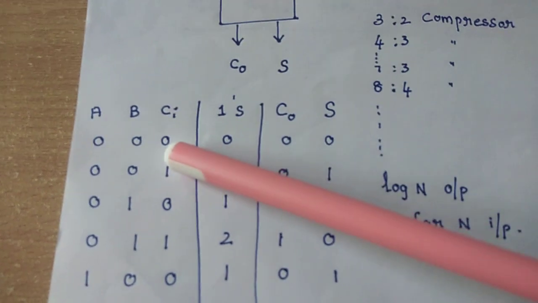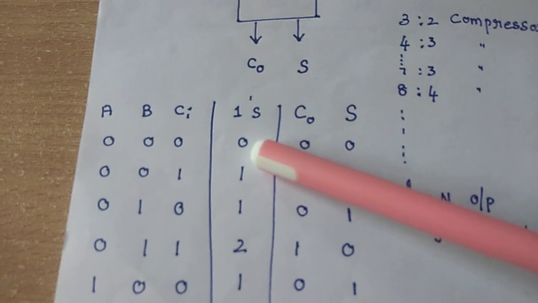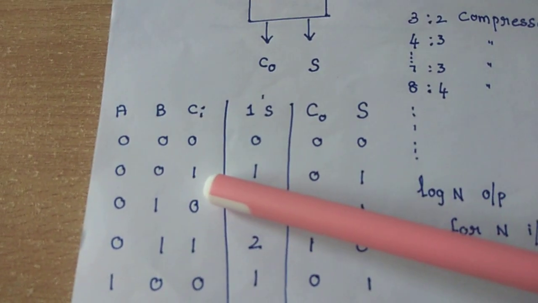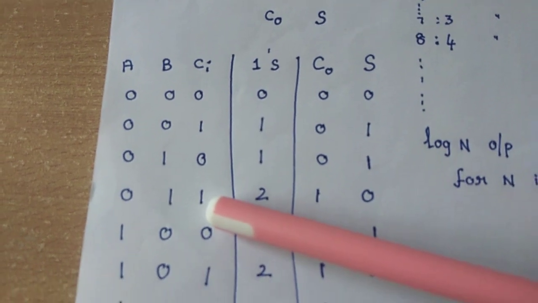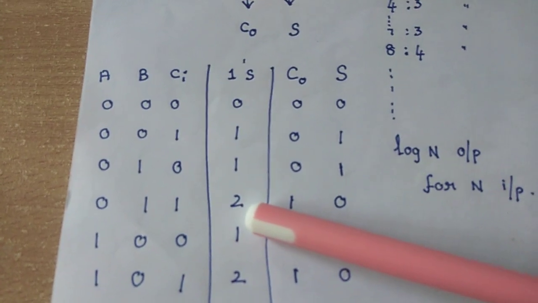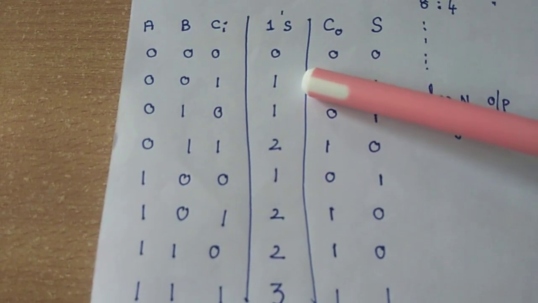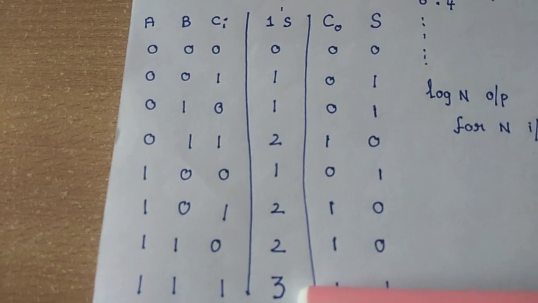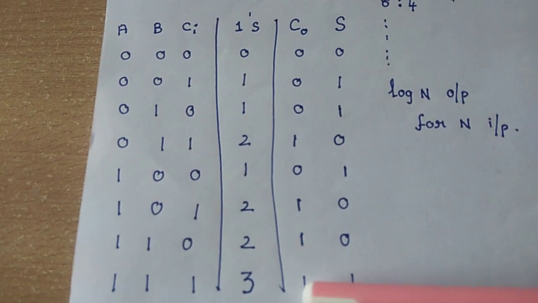In the first data 000 there are no ones, therefore we have put 0. For the next data 001 the number of ones is 1. Whereas if I take 011 the number of ones is 2. Like that we have listed how many ones are present in the input. In the last data 111 we have 3 ones.